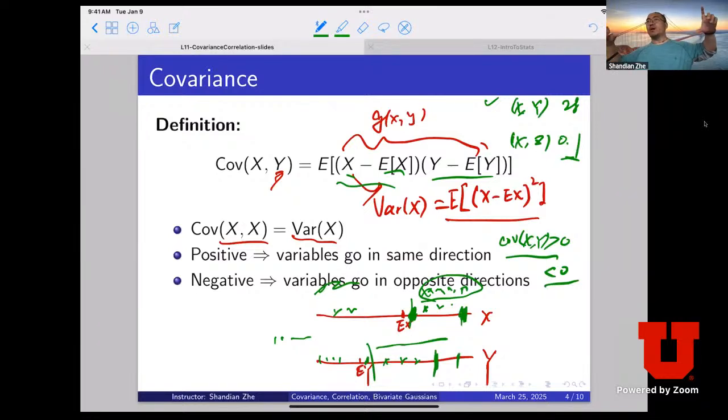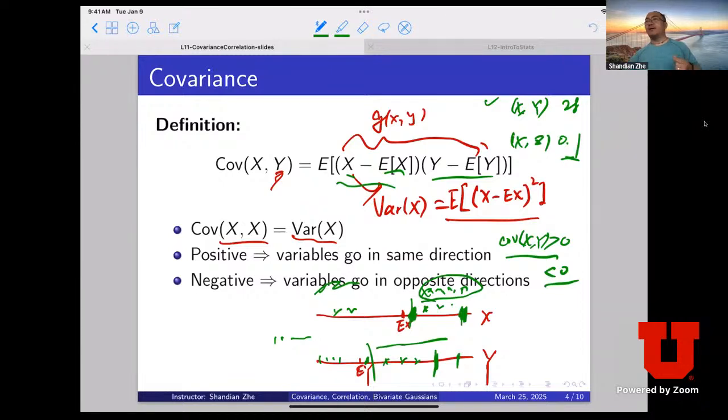If the degrees to which these two random variables vary match well, that means if X deviates much from the expectation, then Y also deviates much from its expectation. Or if X deviates not much from its expectation, then Y also deviates not much from its expectation, then the covariance will be large.